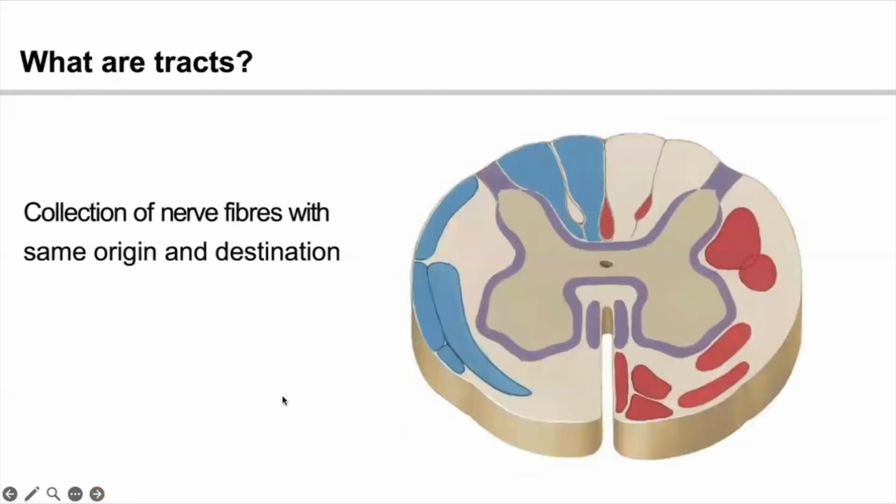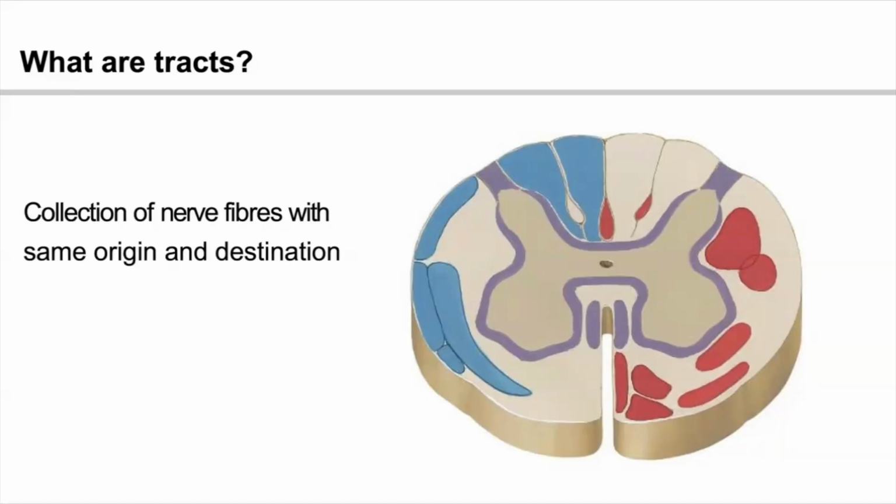So we are talking about tracts here. So what are tracts? Tracts are a group of axons or nerve fibers, you can say, which have the same origin and destination.